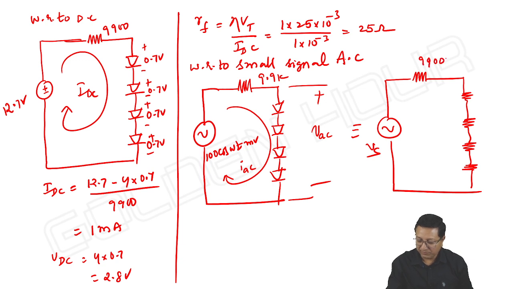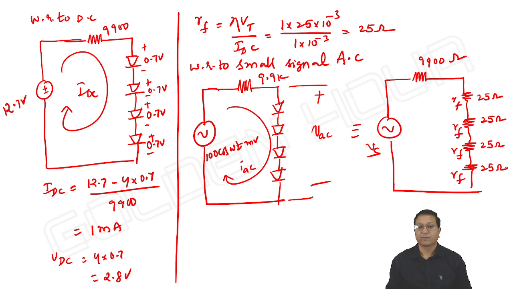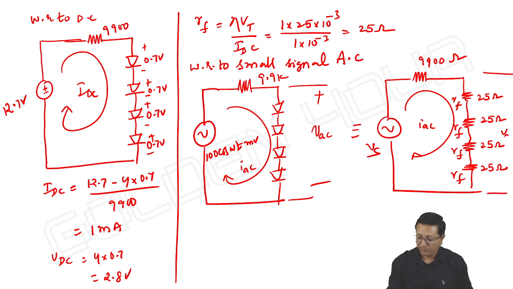Now it is with 4 diodes, RF is 25 ohms. And what about IAC?